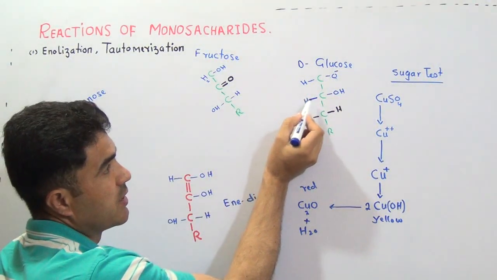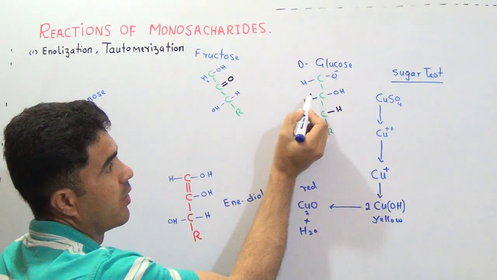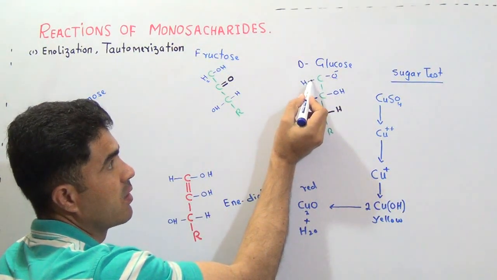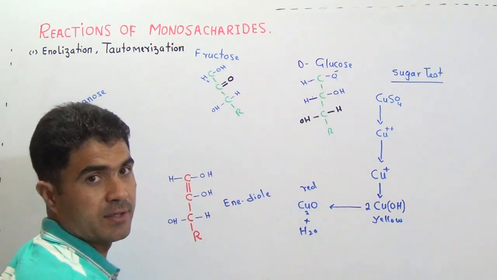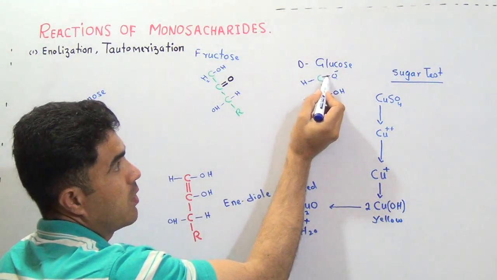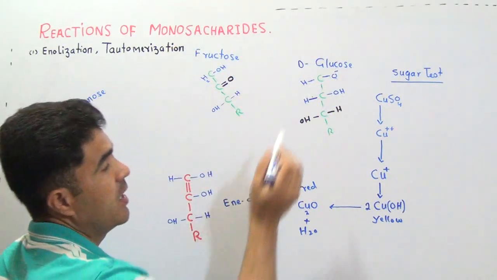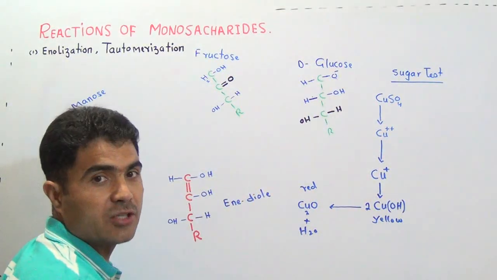Then this hydrogen will leave its bond, because this carbon has how many bonds now? 1, 2, 3 bonds. The 4th bond, which was a pi bond, has shifted towards the oxygen atom, and now this carbon is electron deficient.